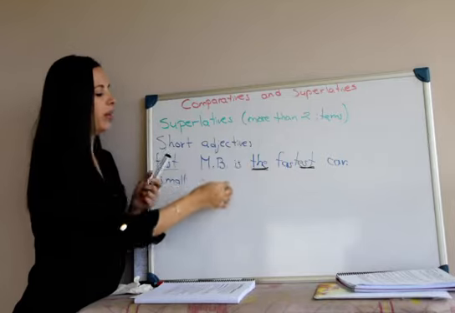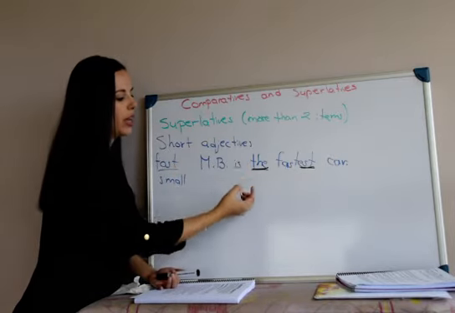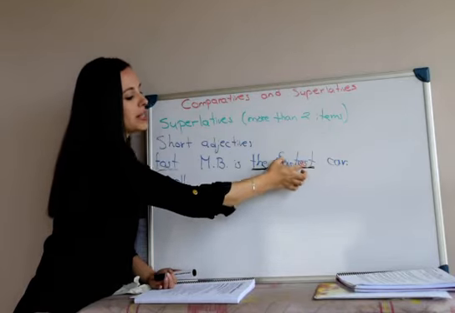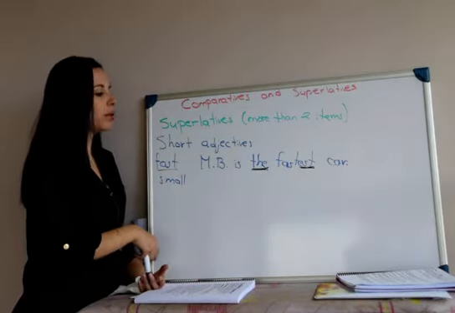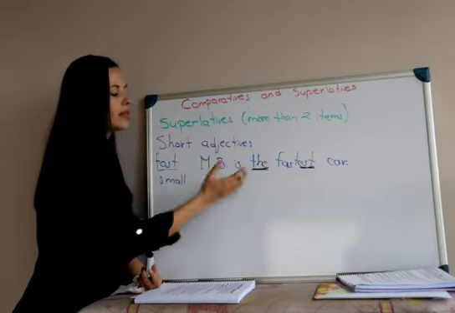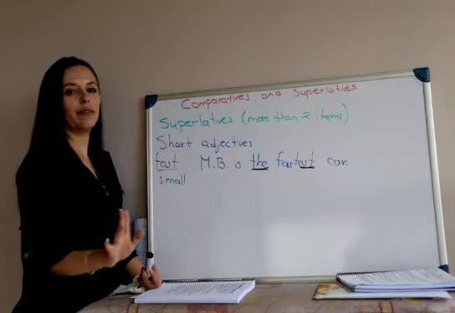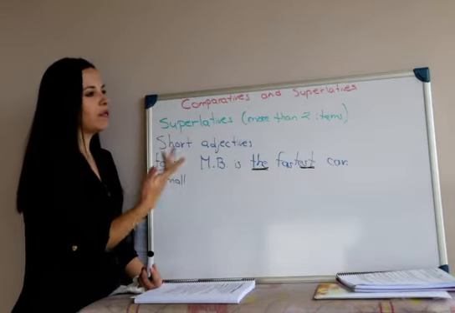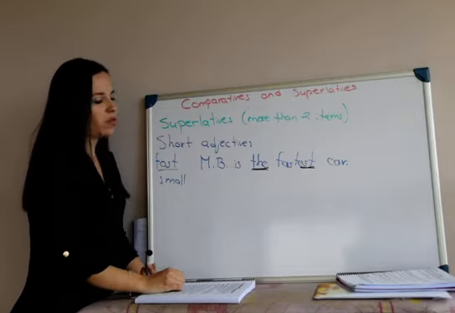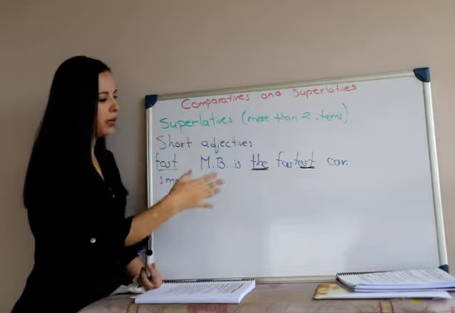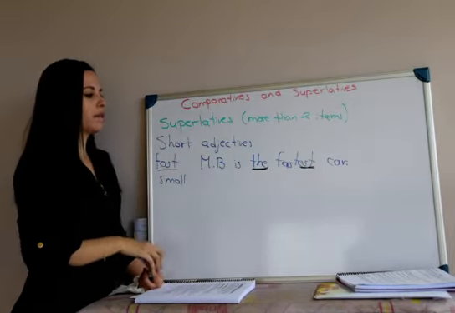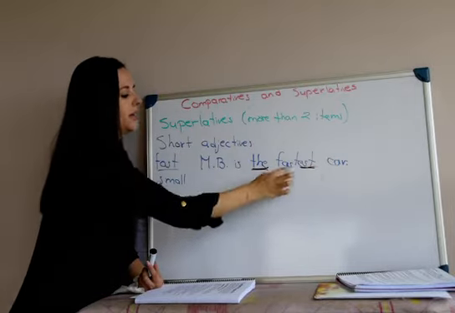We have the verb is, and here we have to say el más rápido, el carro más rápido. That will be the superlative. So I'm not saying que es más rápido que el otro. I'm saying that the Mercedes is the fastest car in the world. So it's fastest, or it's faster than the Lamborghini, than the BMW, all those. So I'm comparing Mercedes with many other cars. So es el más rápido, is the fastest.